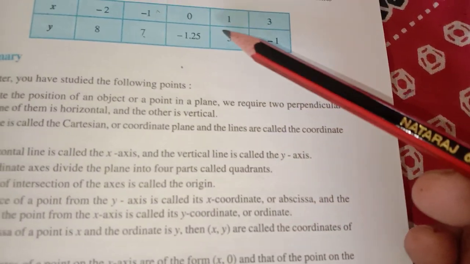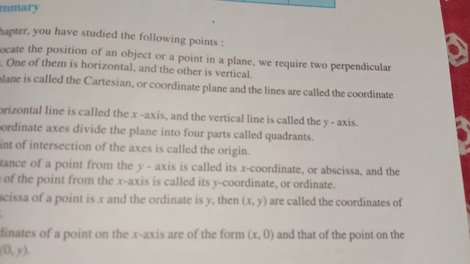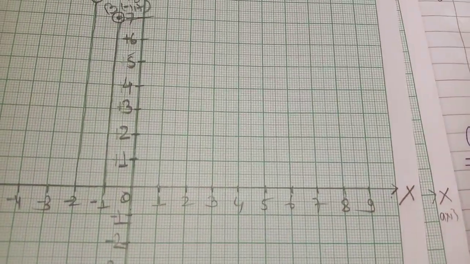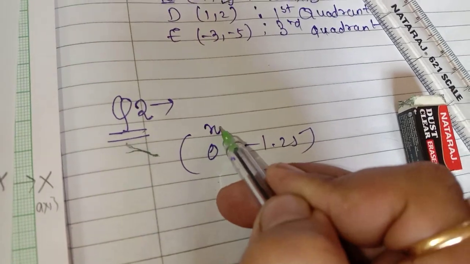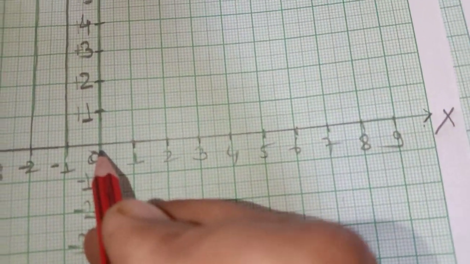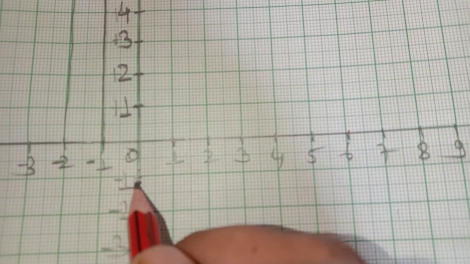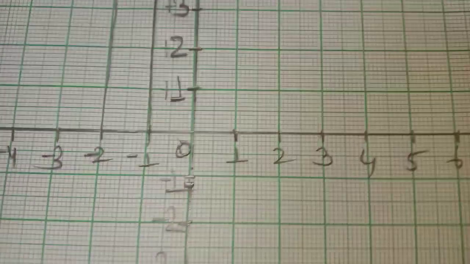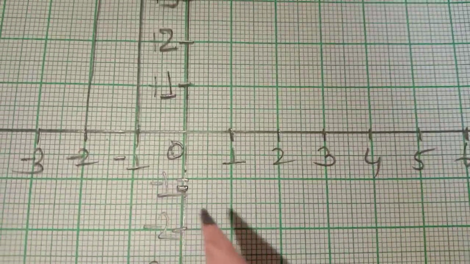Then the third one is 0, -1.25. Now how to indicate it? 0, -1.25 means x is 0 and y is somewhere here. Take one small block after -1, that is -1.25.